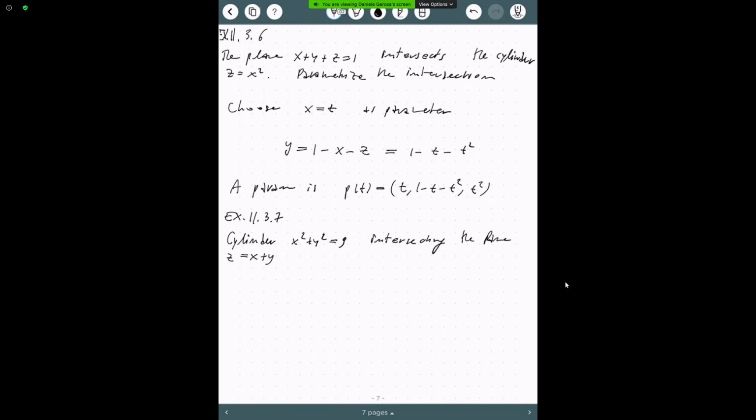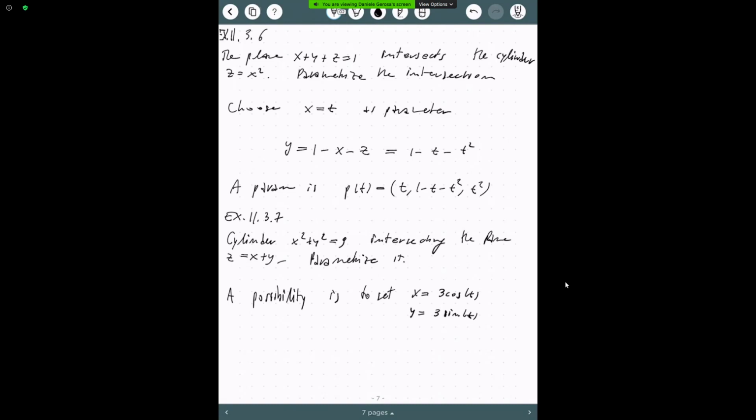Okay, in this case, maybe it's not that easy to come up with a parameter because the choice is not immediate. One possibility is to set x equal to 3 cosine t and y equal to 3 sine t.